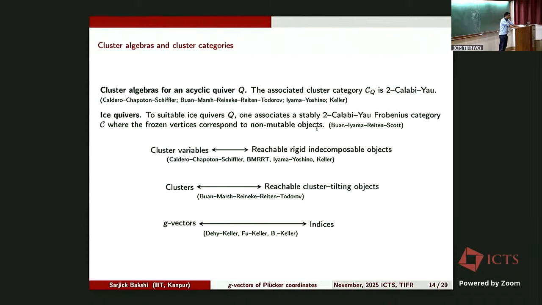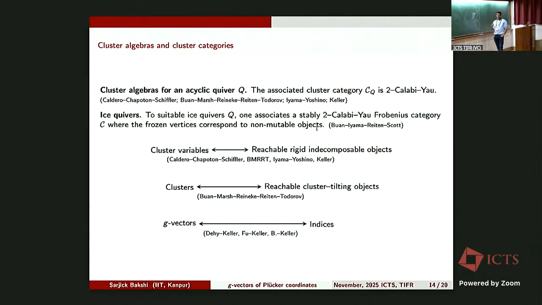Keller proved that this category is triangulated, and Yamaura and Iyama did it for 2-Calabi-Yau categories, generalizing the definition. For ice quivers, the categorification was first done by Buan, Iyama, Reiten, and Scott. Under this correspondence, cluster variables correspond to rigid indecomposable objects, the clusters are cluster tilting objects, and the G vectors are indices.